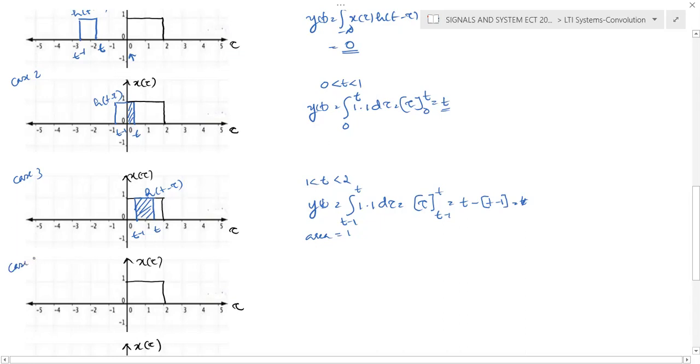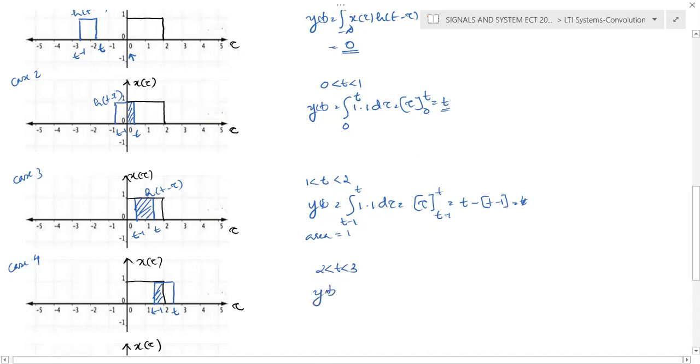Now we'll consider case 4. In case 4, we'll assume that t is between 2 and 3. For this duration, t minus 1 will be between 1 and 2. This is t. Now t is between the limits 2 and 3.